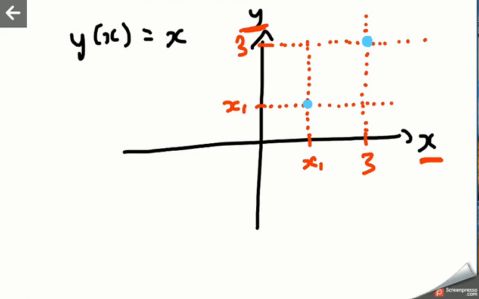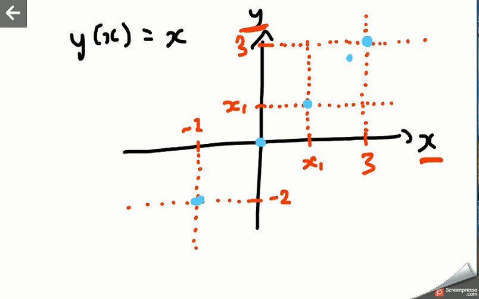If I put 0 into the function, I get 0 out. That's what that point represents. Let's do a negative number, say -2. If I put -2 into the function, then certainly -2 is going to come out. So that's that point right there.